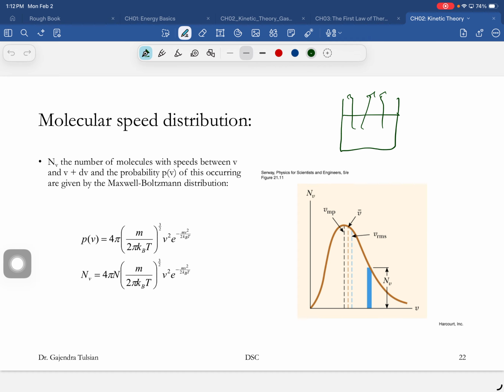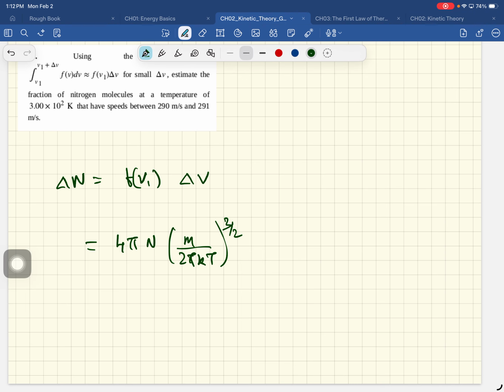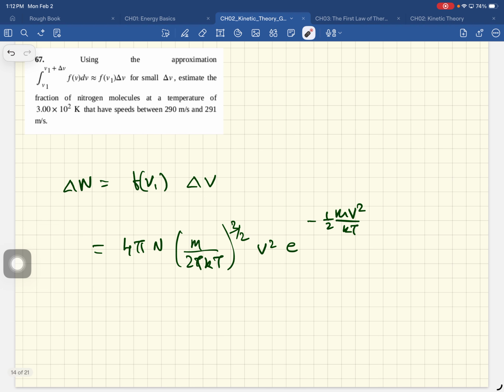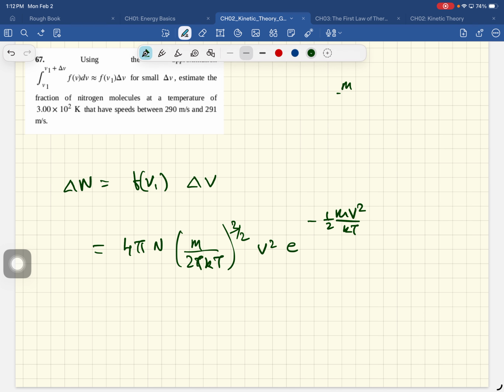What is the average speed? 500 meters per second. So the average speed is somewhere like that. You're calculating this number, so this fraction will be probably about 1% or so. This number will come out to be about 0.01.